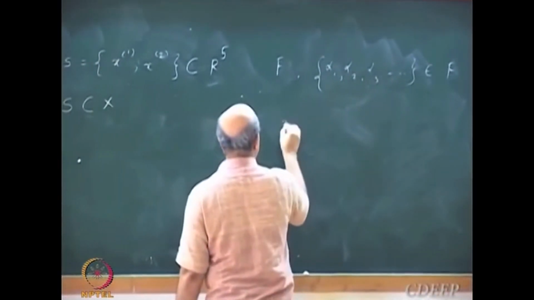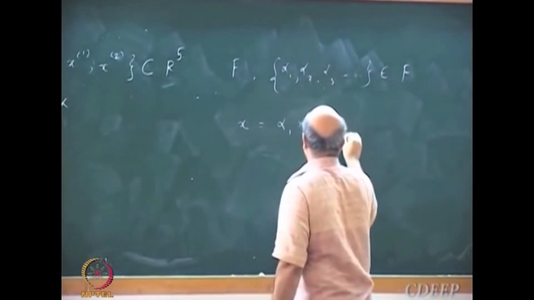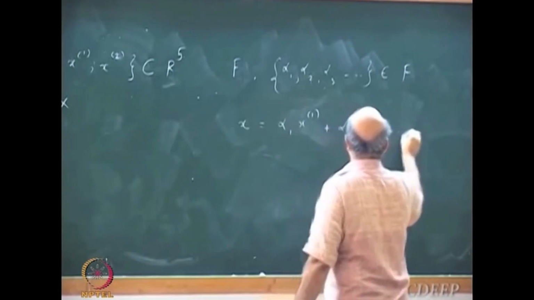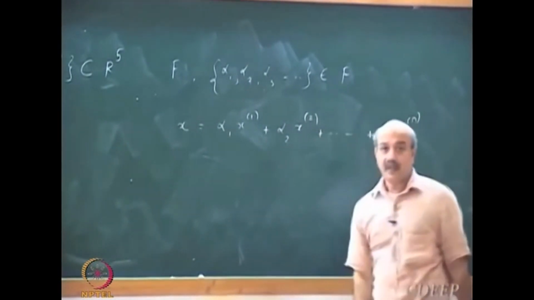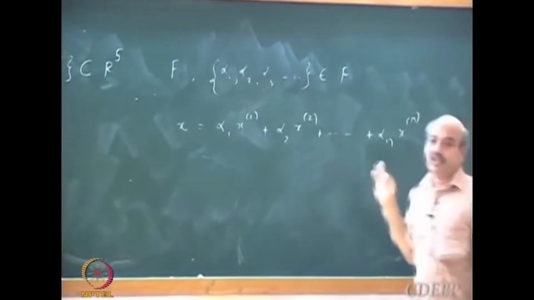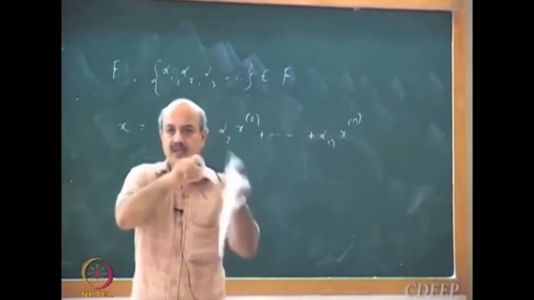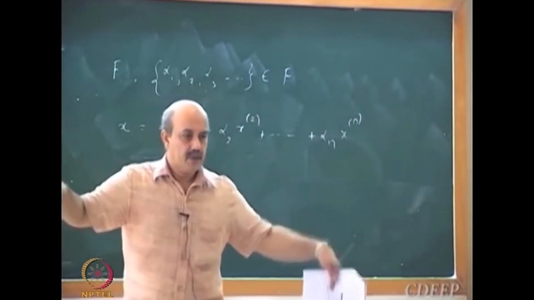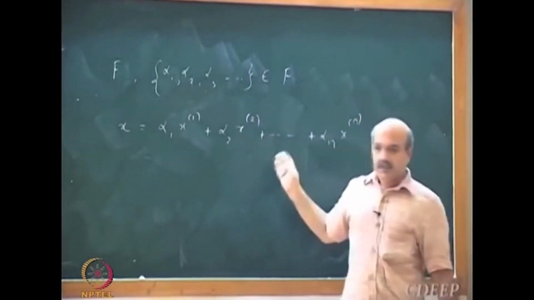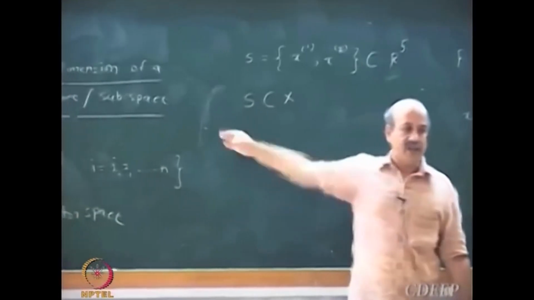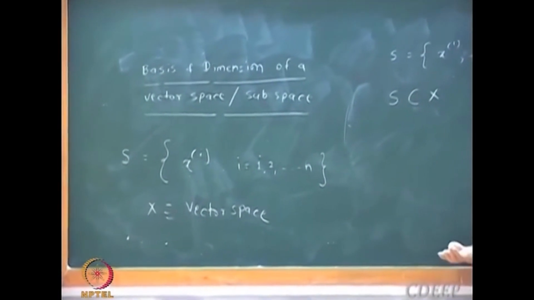So I can construct a new vector x, which is alpha 1 x1 plus alpha 2 x2, and so on, plus alpha n xn. In the later example where we took vectors as polynomials, this would be an nth order polynomial, or an n minus 1th order polynomial if it had only n terms. In the case of n dimensions, it will be a vector in R5.